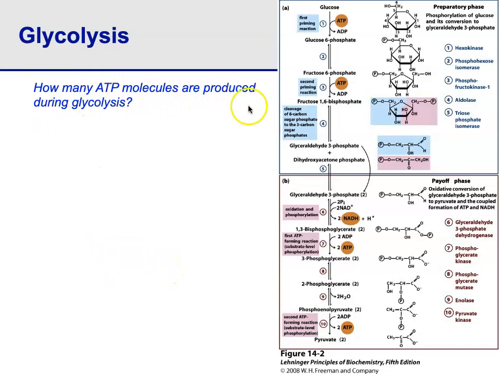Now let's get back to glycolysis. How many ATP molecules are produced during glycolysis? If you remember, 2 ATPs were spent in the preparatory phase, 4 ATPs were produced in the payoff phase, and 2 molecules of NADH were produced, which is equal to 3 ATPs if the electron pair is transferred to the mitochondria by the glycerol 3-phosphate shuttle.